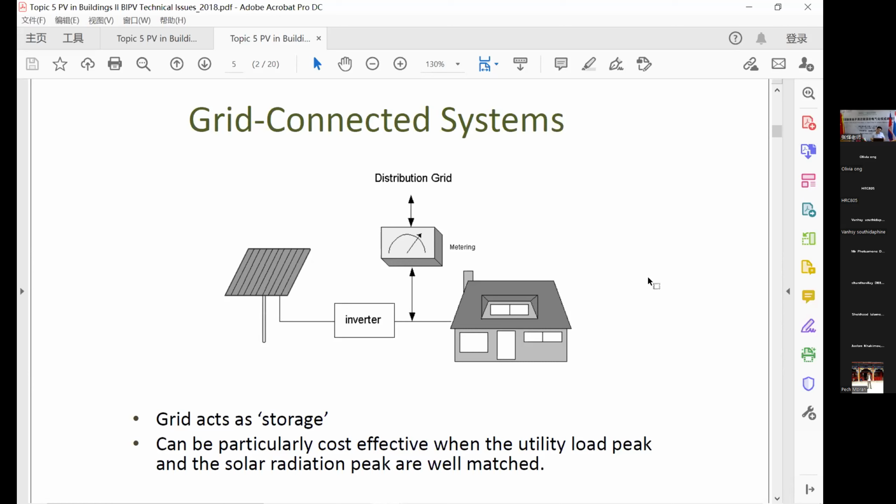The surplus PV generated power can be resold to the grid, so the electric grid itself can act as a storage.